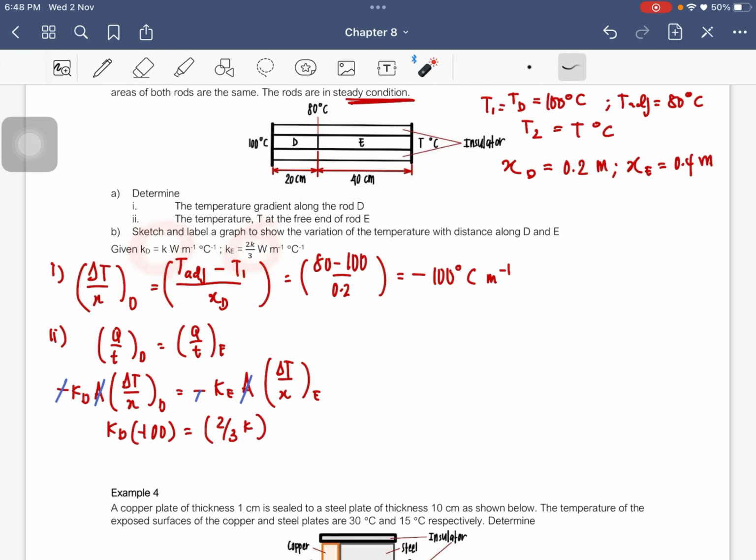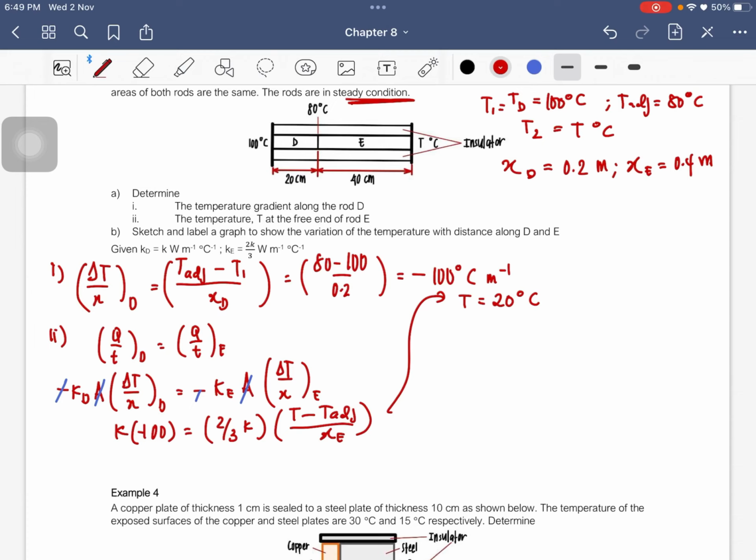KD is equal to K. I forgot, here is K. So this is going to be the outside minus the adjoint over XE. From here you will get T equal to 20 degrees Celsius. So that is the temperature at the outside, at the free end of rod E.